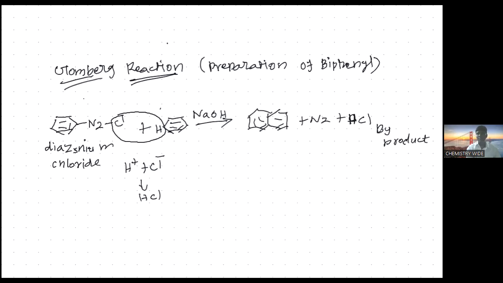Here, the rest we have only 2 phenyl groups. These 2 phenyl groups will be connected, so we get biphenyl.